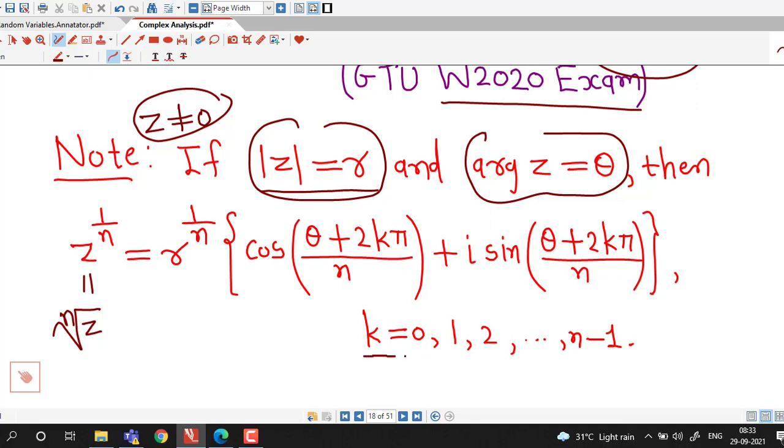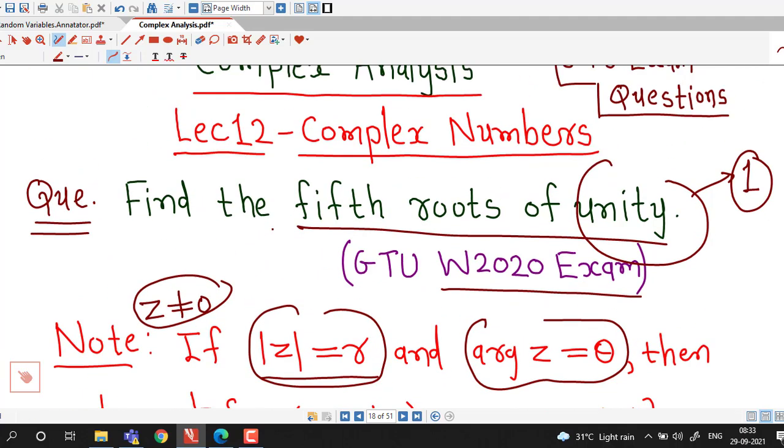For these values of k, we will obtain n different roots of this complex number z. So for k equal to 0, 1, 2 up to n minus 1, we will obtain n roots of complex number z. With this in mind, we try to find the fifth roots of unity.